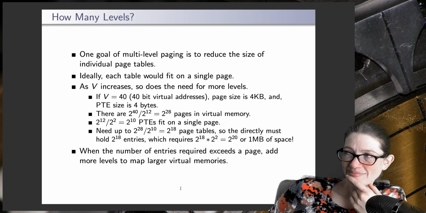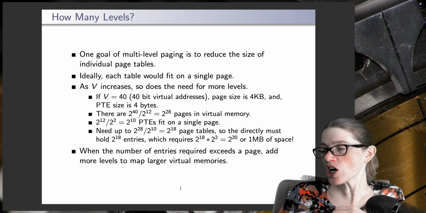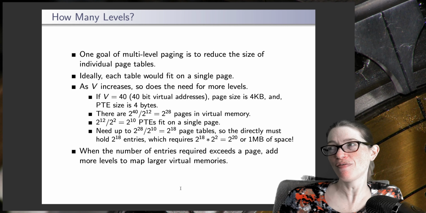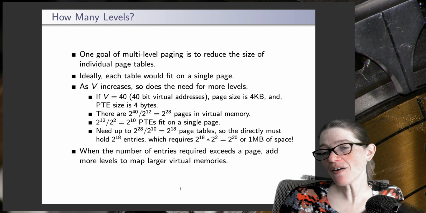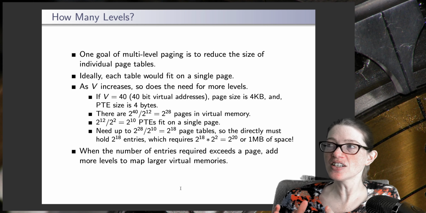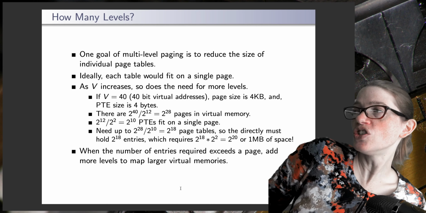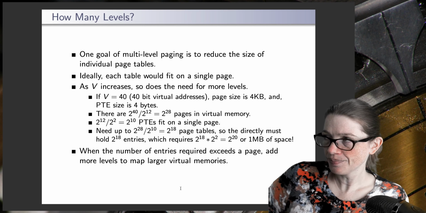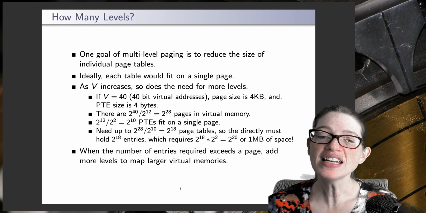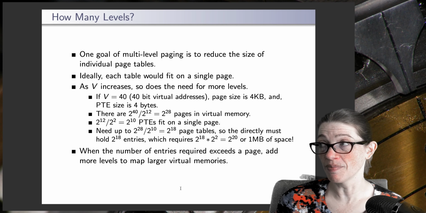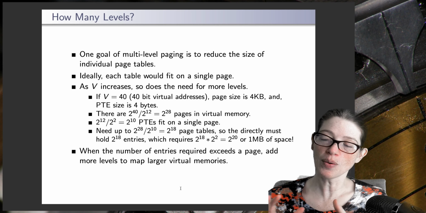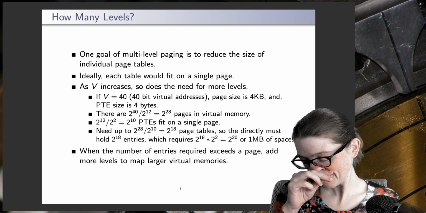Now, to talk about how we figure out how many levels and how many bits for each page number, we have to talk about how big each subtable should be. We have this desire, and there's a reason for it, that each subtable fits on a page of memory. So each page table has to fit within a page.